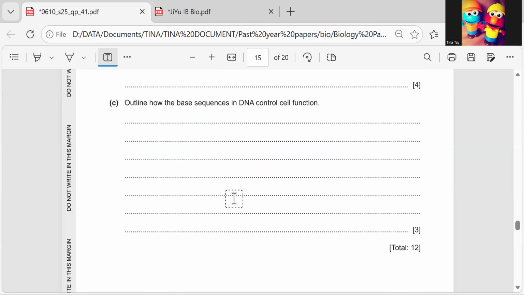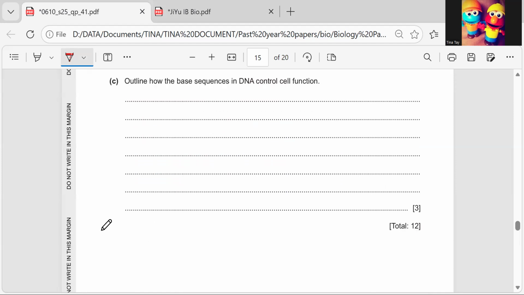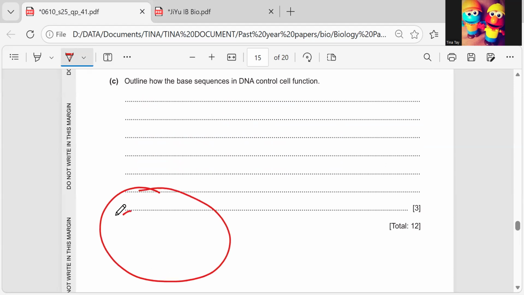All right, tell him how this works. Which sequence in DNA controls cell function? The mRNA is a copy of the DNA itself, and then it goes to the RER to go through protein synthesis.